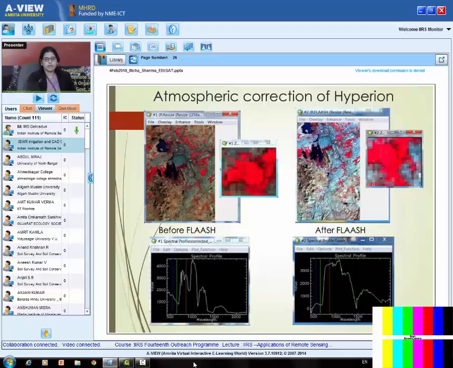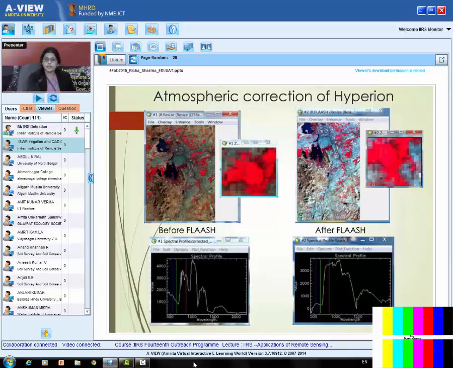And here in this slide, for this study, I have used the FLAASH algorithm. This FLAASH algorithm is available in ENVI. Before FLAASH, the spectrum of vegetation, a very common spectrum, as you can see over here, the spectrum of this particular pixel before atmospheric correction looks like this.